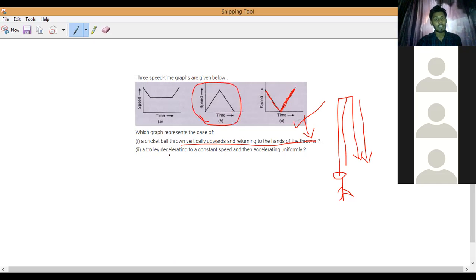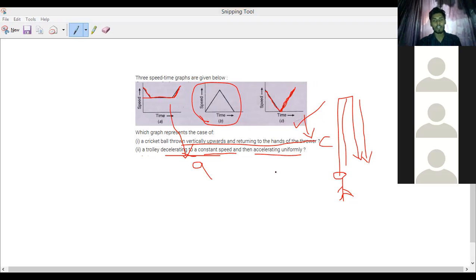But here it says decelerating to a constant speed, then traveling at constant speed, and then accelerating. In graph A, it is decreasing to some constant speed, later traveling at constant speed for some time, and again it keeps on increasing. So graph A will come. Is it yes or no? So for the second one, the trolley case is graph A, and for the first case, C will come. Understand? Understand, sir.